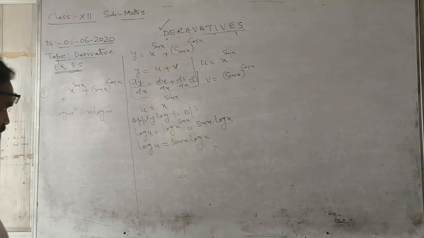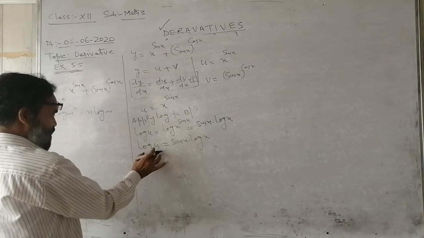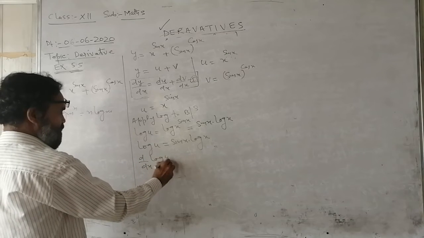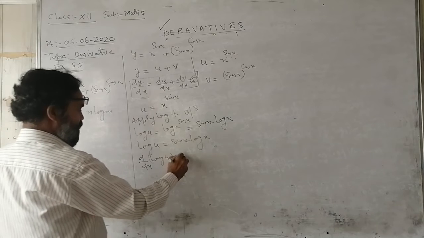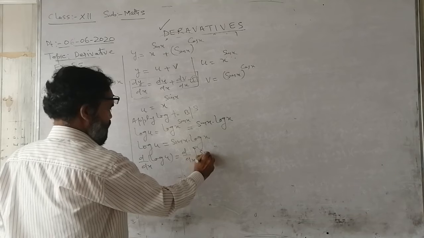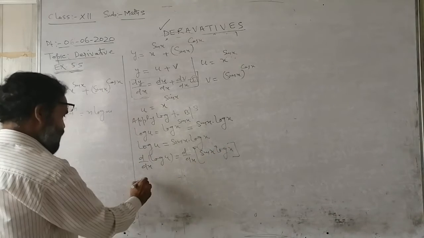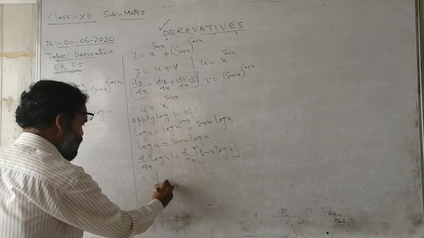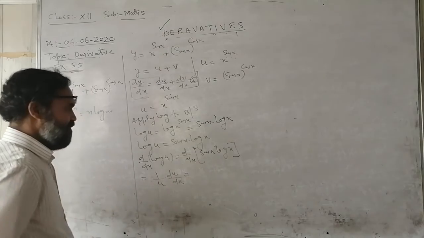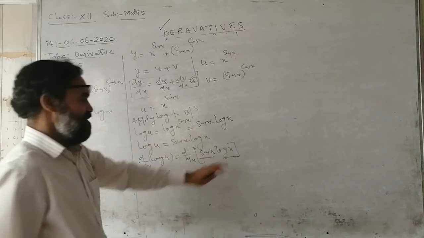If I differentiate this with respect to x, d upon dx of log u equals d upon dx of sin x log x. So this will equal 1 upon u into du upon dx, and this will equal, again the product rule, this is the first function, this is the second function.